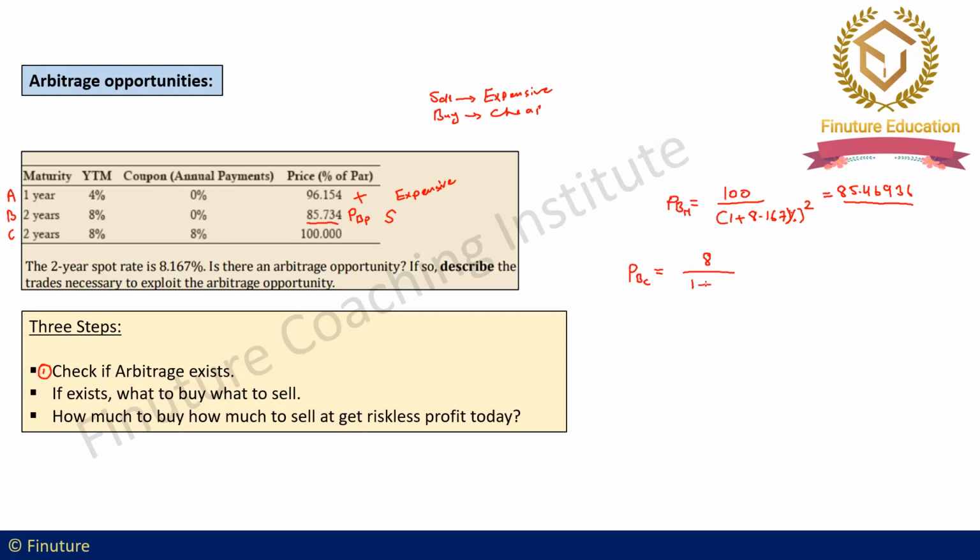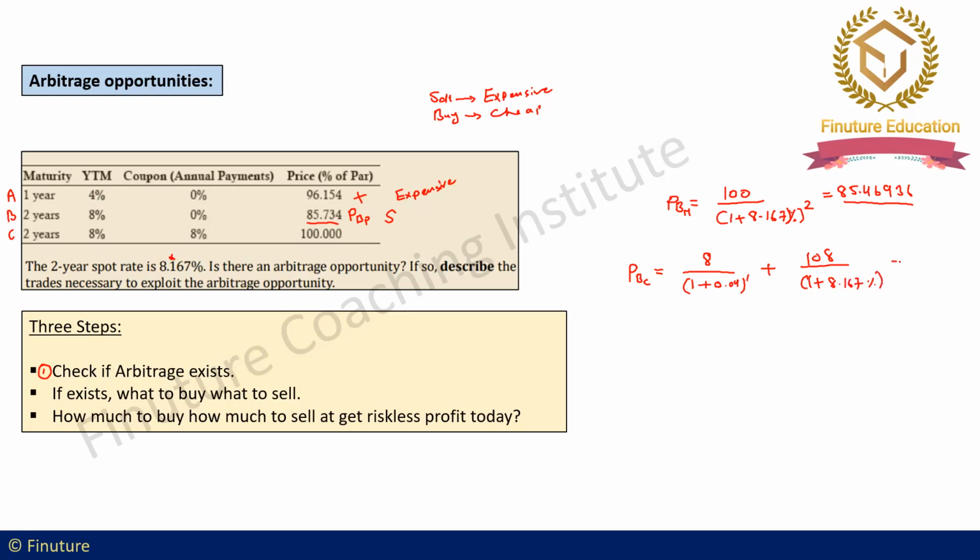So the first coupon would be discounted at the same rate, that is 4%. It will impact your bullet payment, which is at the second year. So the 108 would be discounted at the new spot rate, 8.167%.